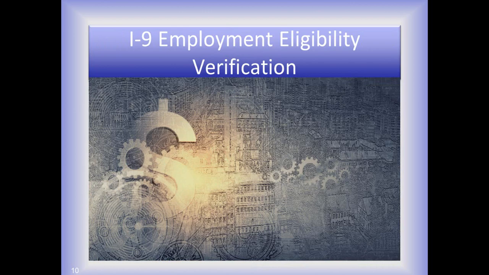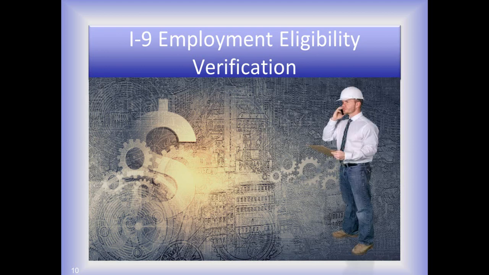I-9 Employment Eligibility Verification. Under the Immigration and Nationalities Act, employers may hire only persons who may legally work in the United States and aliens authorized to work in the United States. Employers must complete and retain Form I-9 to document verification of the identity and employment authorization of each new employee hired after November 6, 1986.